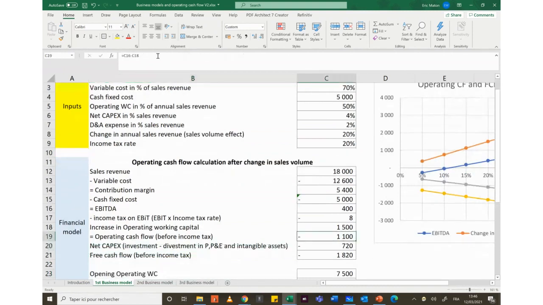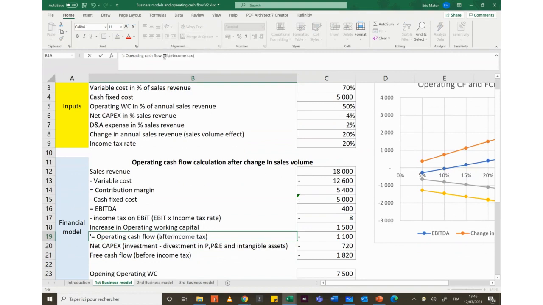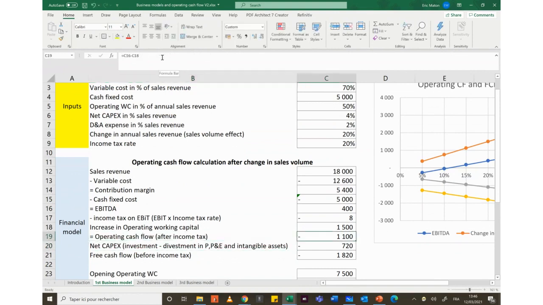So now the operating cash flow is after tax, income tax. And now we take C16 minus C17 minus C18 plus C17 minus C18, because it's already minus.